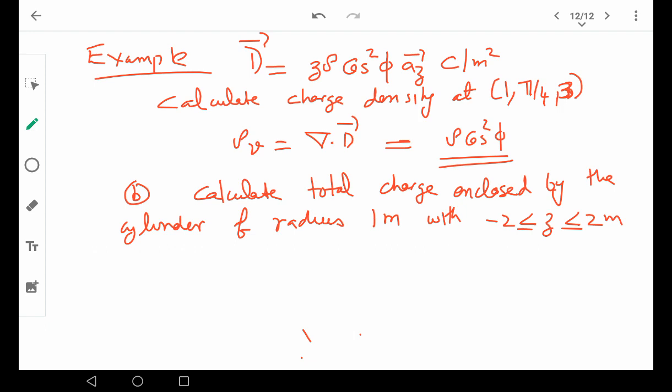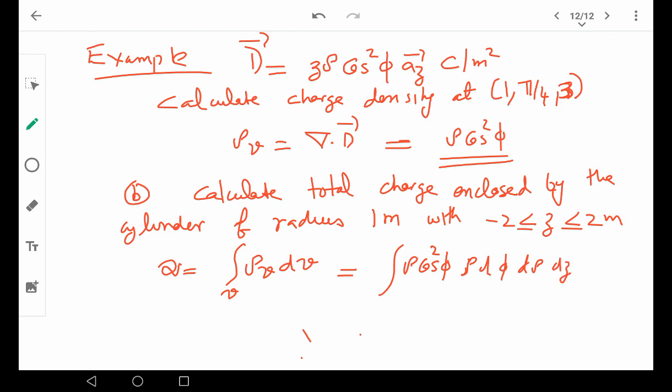You know Q equal to integral over v of rho v dv. Rho v is given by this, so the integral is rho cos square phi, that is rho v, then dv. The elemental volume in the cylindrical coordinate system is rho d phi d rho dz.